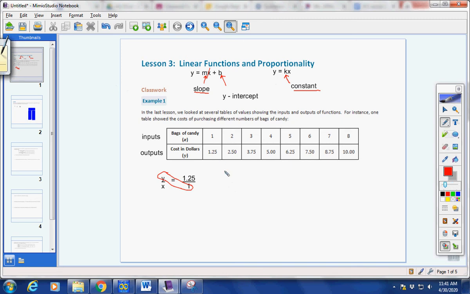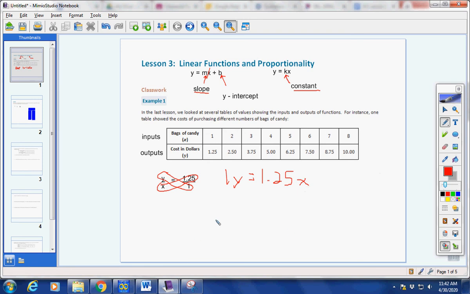So we would have 1 times y equal to, and then we'd go x times 1.25, or 1.25 times x.